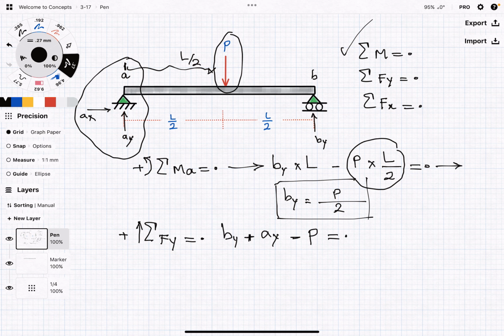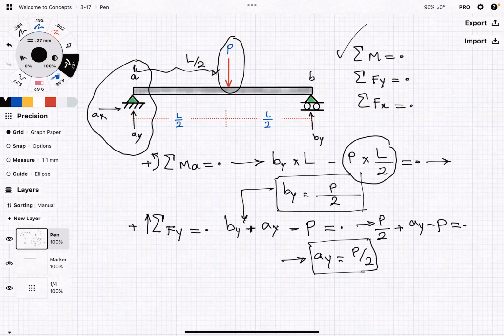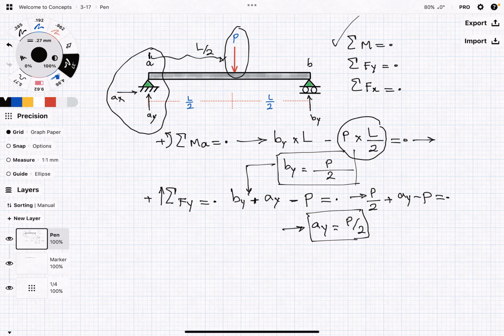We found By here, so we can say that P divided by 2 plus A sub y minus P should be 0. If we solve this for Ay, it gives us that Ay is P divided by 2. So Ay and By would be exactly the same.